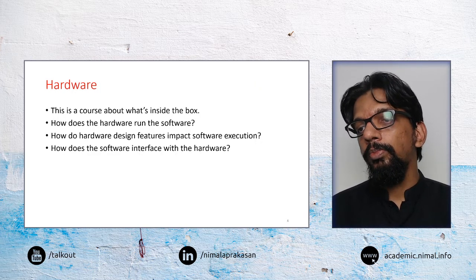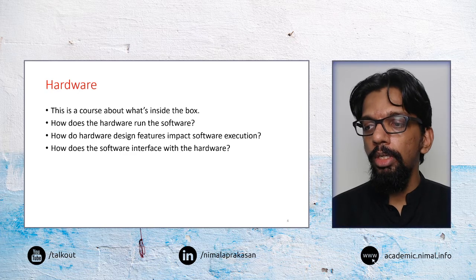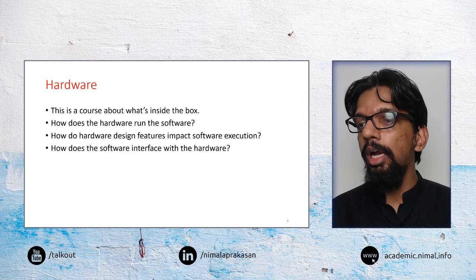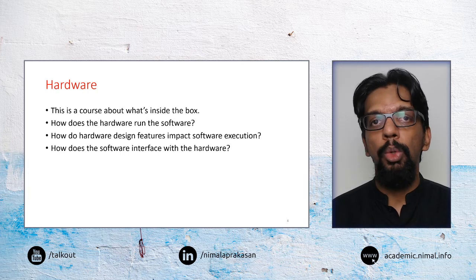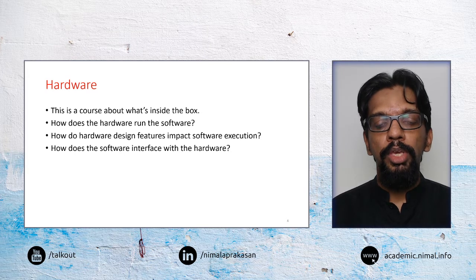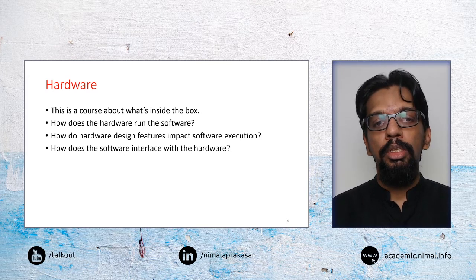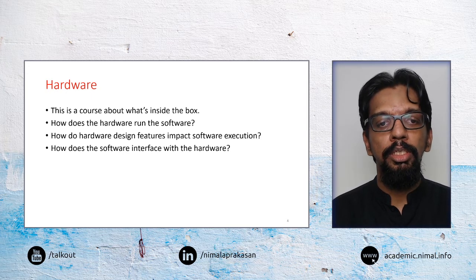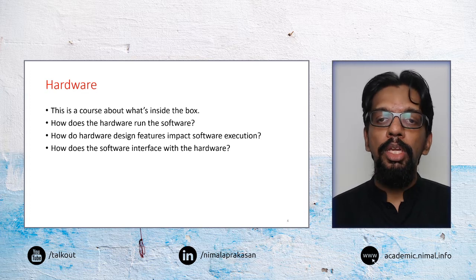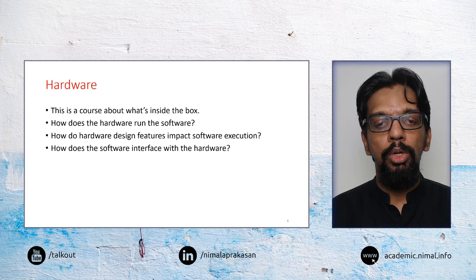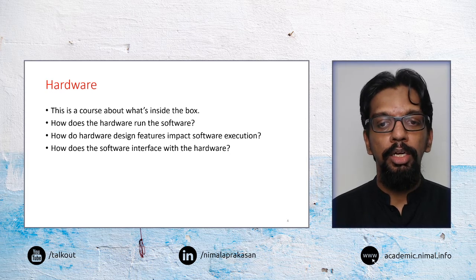So, when we think about a computer, we can think about mainly the hardware. So that is the part that we are talking about in this course. So, we are talking about the hardware that is inside, the actual hardware components of the computer. And then we talk about how a software can run on top of that particular hardware.